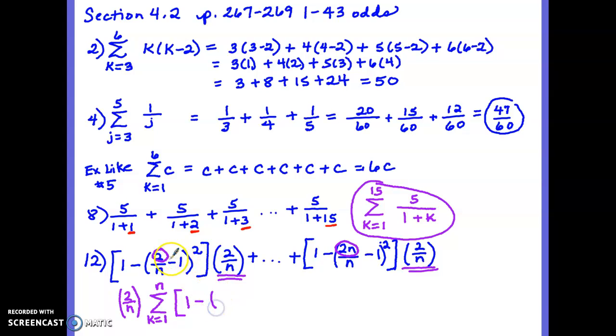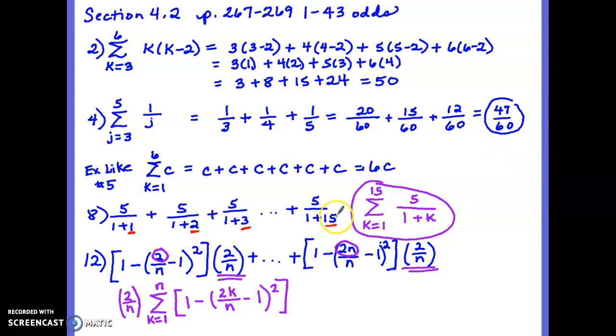And where we have the 2 and then the n appears, I'm going to have to put 2k because k is what we're going to be plugging in. Now, at this point, I don't know what k is, and you don't have to know. You're just looking for what's different. So this would be the answer to number 12. You're just writing the sigma notation.